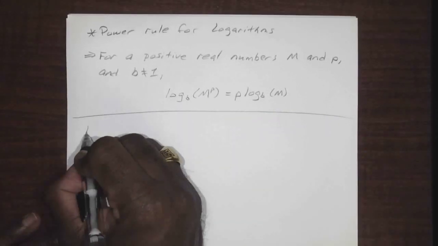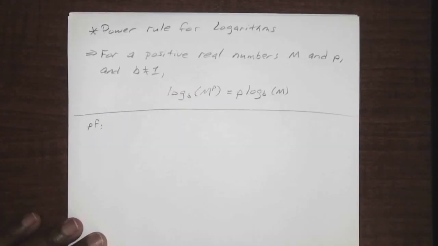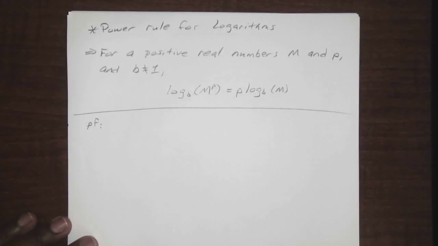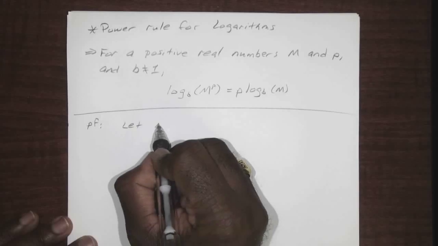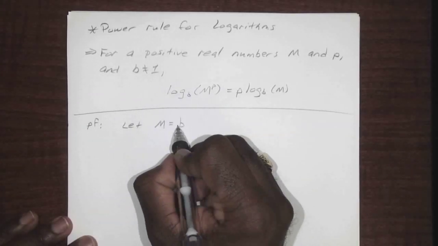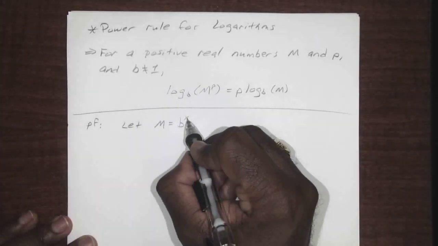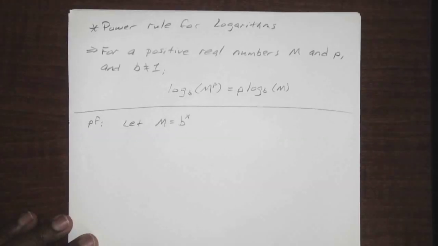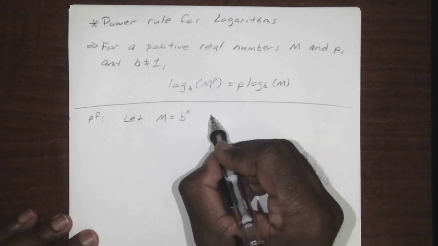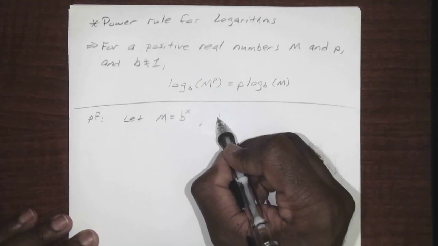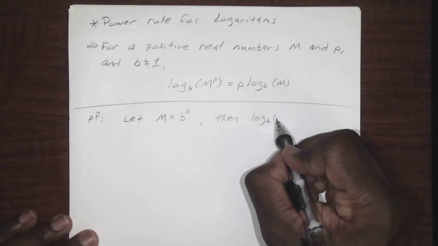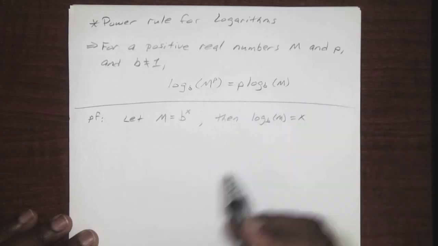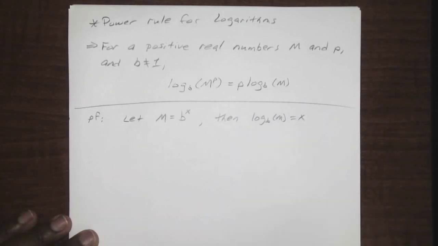All right, so quick proof of that one. What if we let M equal B to the power of X? This actually converts to log base b of m equals x. B to the power of x equals m, it just converts.